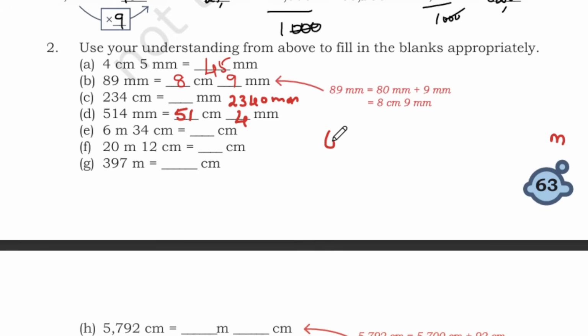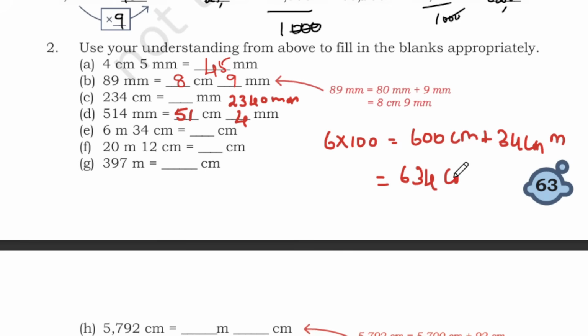So 6 into 100 is 600 centimeter, plus we already have 34 centimeter. So this is 634 centimeter.